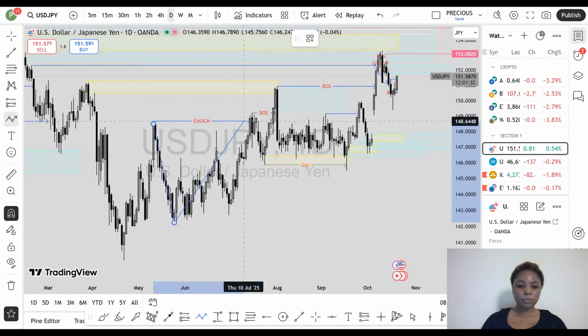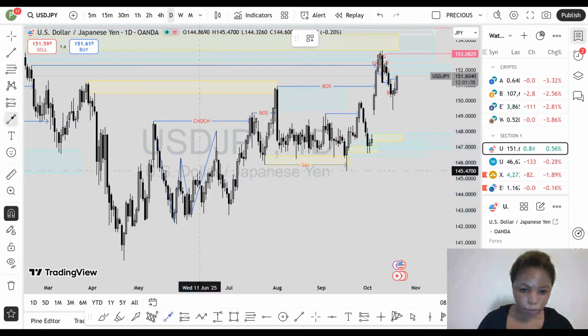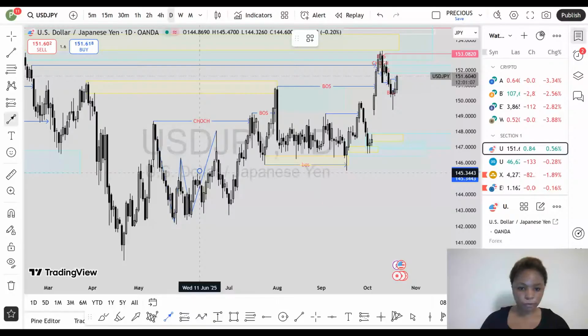Before the market moved all the way to this level, the market created a high, gave a retracement again, moved to create a high again. As a result of the market creating this high, can you see the internal break of structure we have here? We have this internal break of structure as a result of the market trying to create this high here.